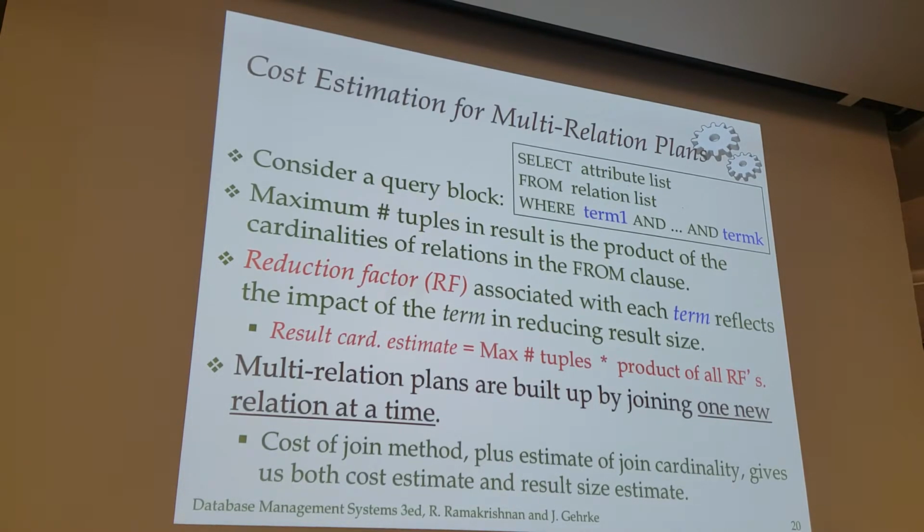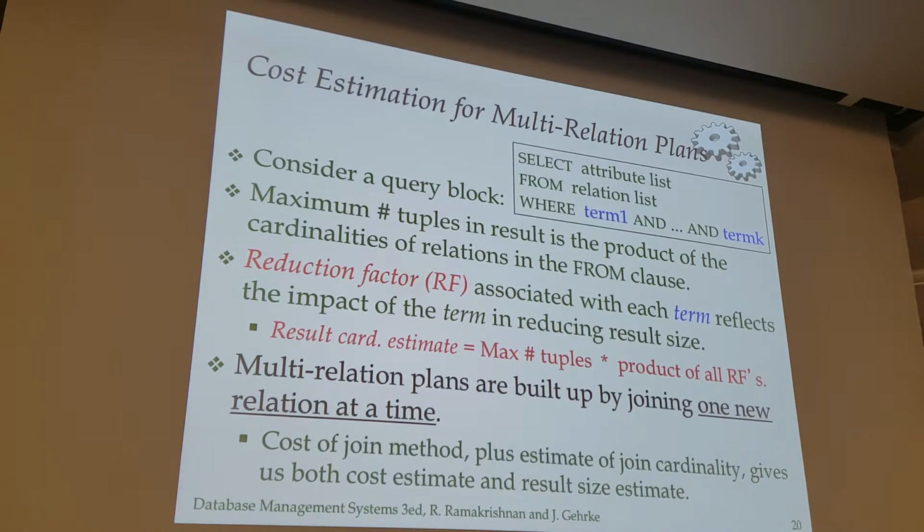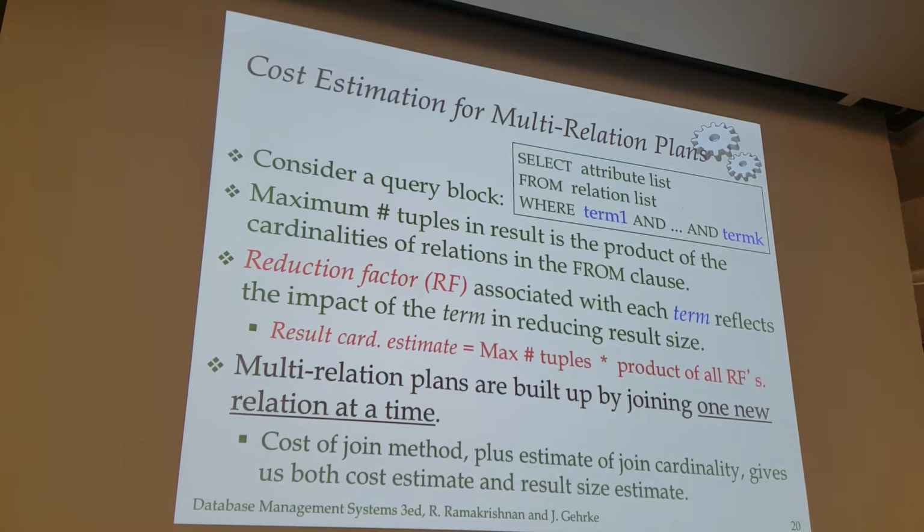I want to do cost estimation, and I said I will keep the cheapest way that I can get ABC, regardless of how I got it. What's the cost of getting ABC?